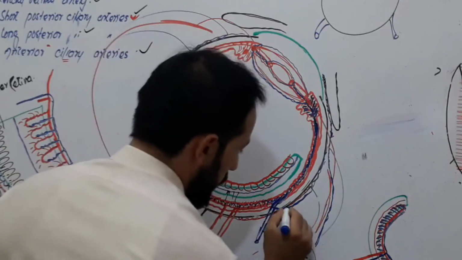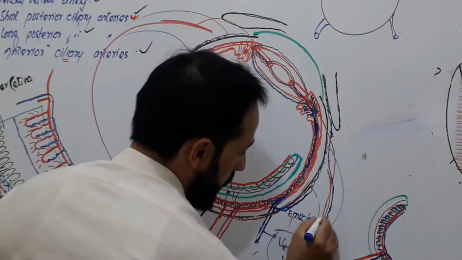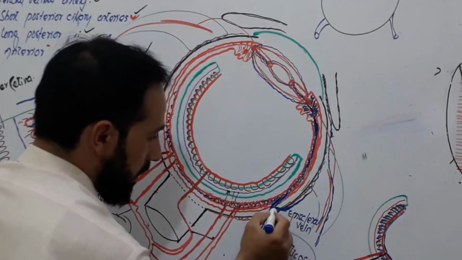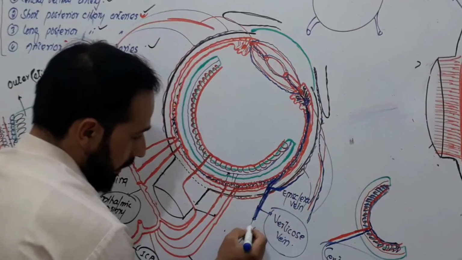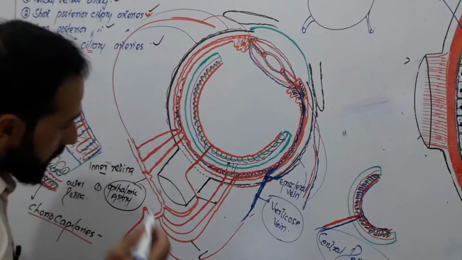So this is the episcleral veins, and then these episcleral veins will drain into the vorticose vein. And these vorticose veins will drain into the ophthalmic veins and other branches.